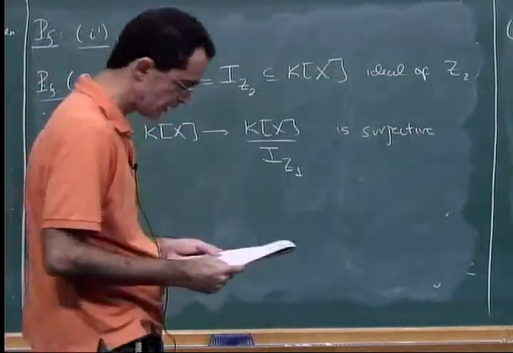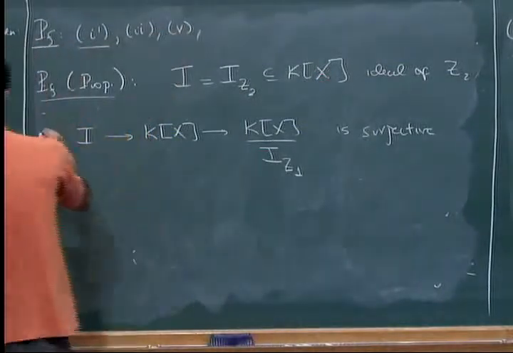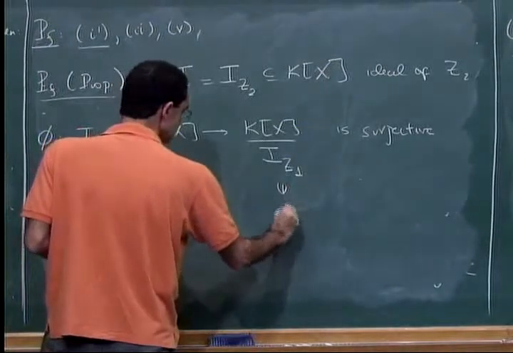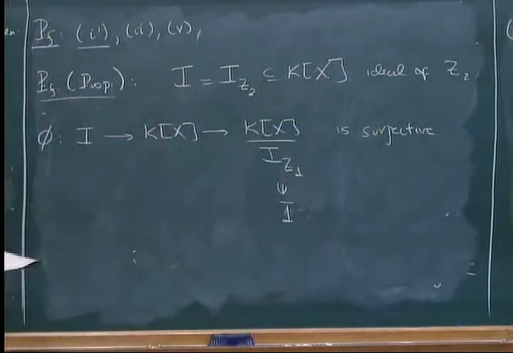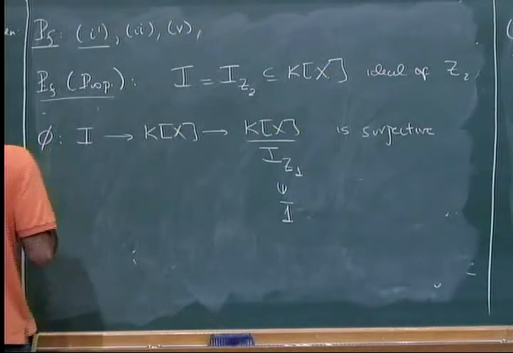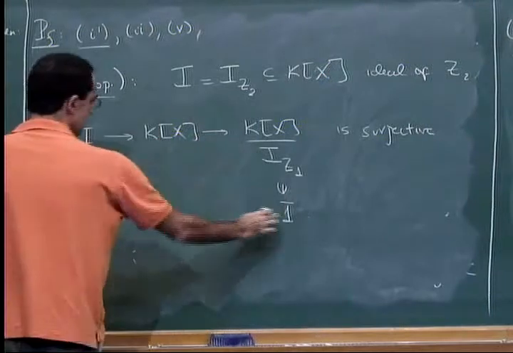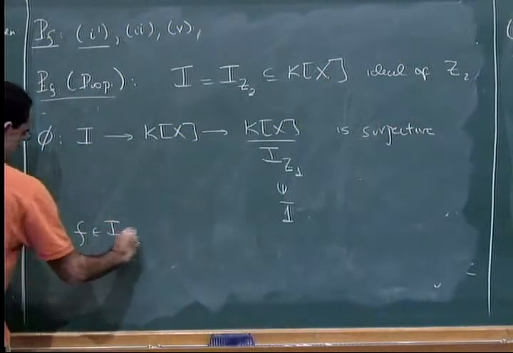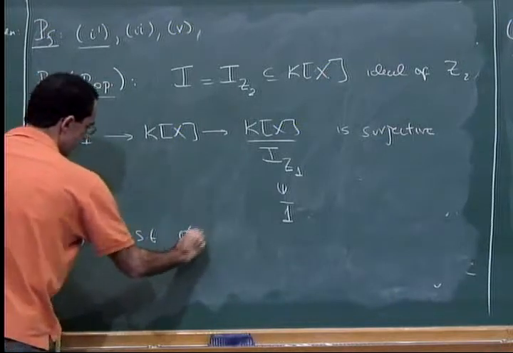Okay. And so let me call this phi. So here I have 1, or 1 bar if you prefer, the identity, so the function equal to 1. Right. And so since this is surjective, there is an f in I such that phi of f is 1.